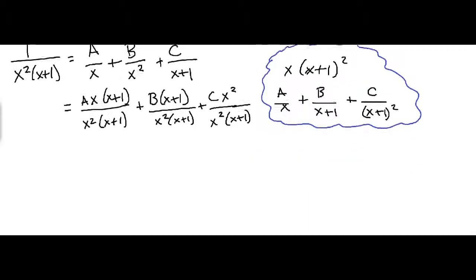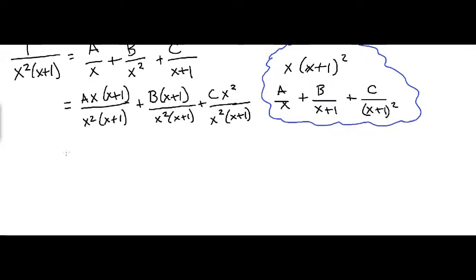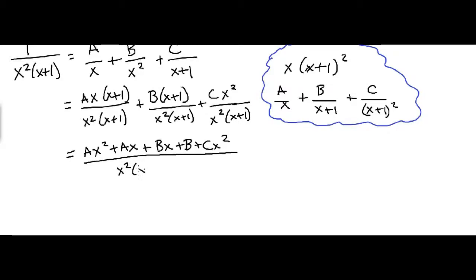I'm going to simplify the numerator, and we have a x squared plus ax plus bx plus b plus cx squared, all over x squared times x plus 1.